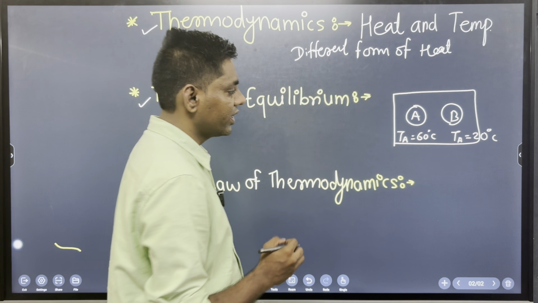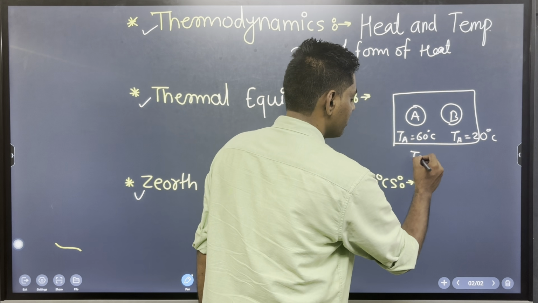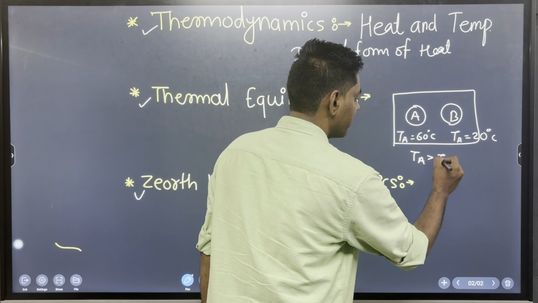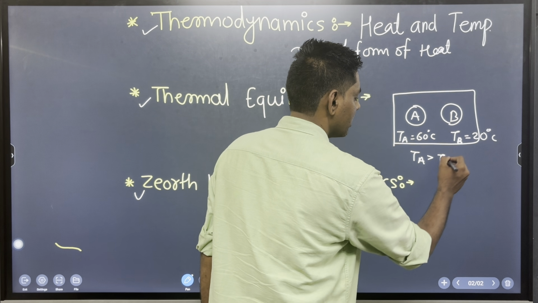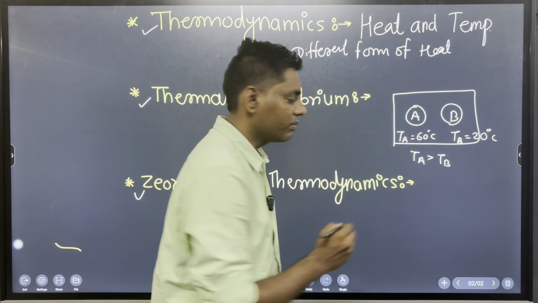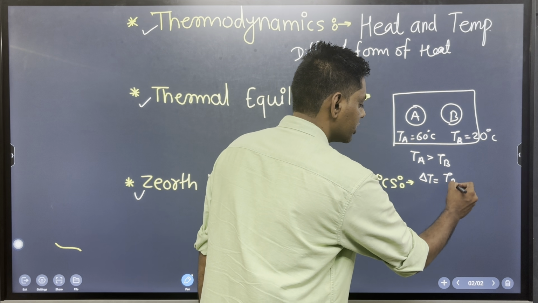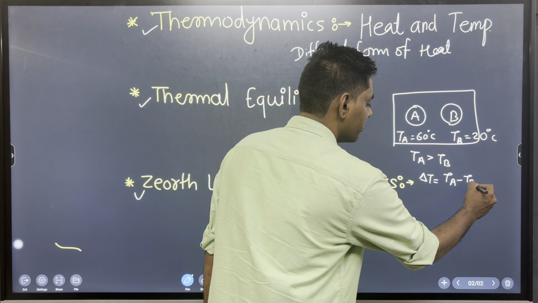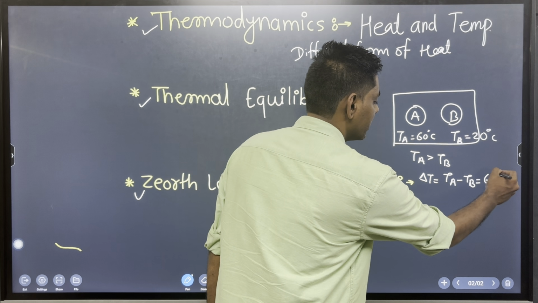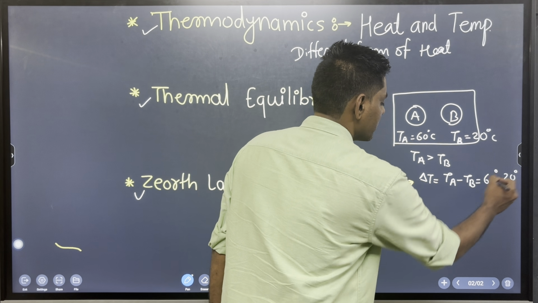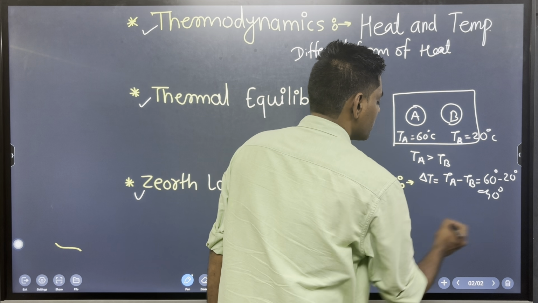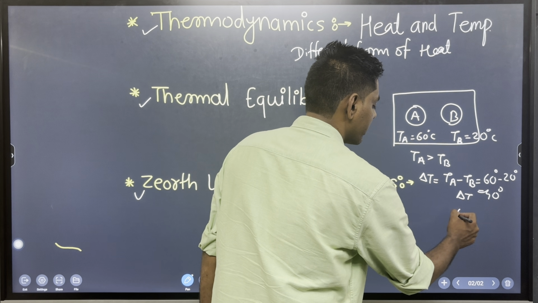We can observe that the temperature of object A is greater than the temperature of object B. Remember, delta T is the difference between the temperature of A and the temperature of B. So we get 60 degrees minus 20 degrees, which is 40 degrees. Remember that delta T is not equal to 0.